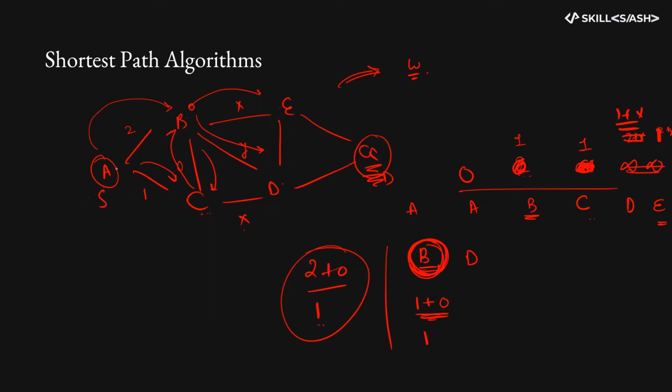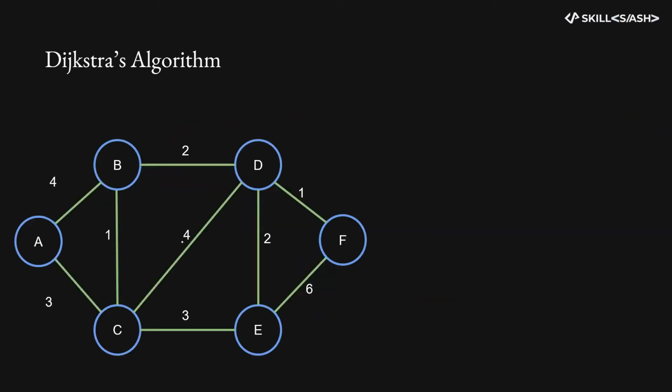And then we will see how we can print the whole shortest path as well. But this is the gist of the algorithm. Clear? This will be the gist of the algorithm.